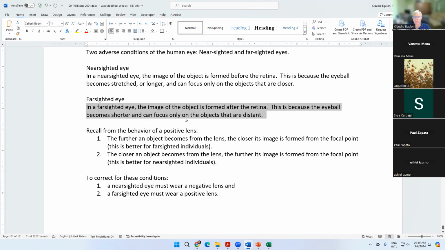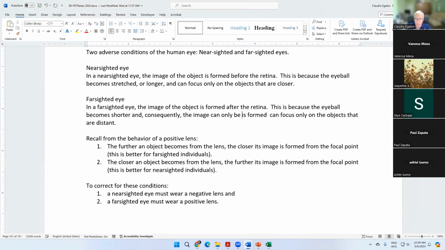and consequently, the image can only be formed after the retina.